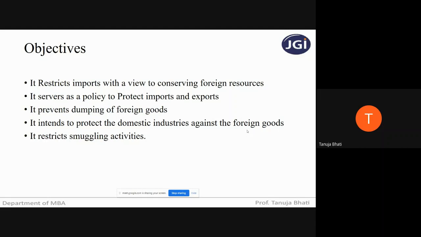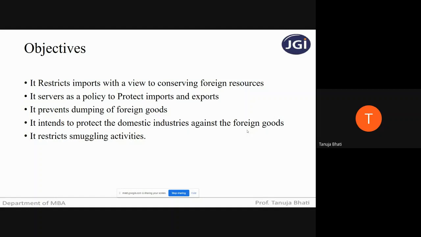In order to restrict these activities also, the custom port was made, custom stations were made, custom authorities were appointed to check the clearance of the goods, to see whether taxes are paid on all the goods that are being cleared in the custom station before going for home consumption. So in order to restrict smuggling activities also, there was an objective of bringing the custom duty into the picture.